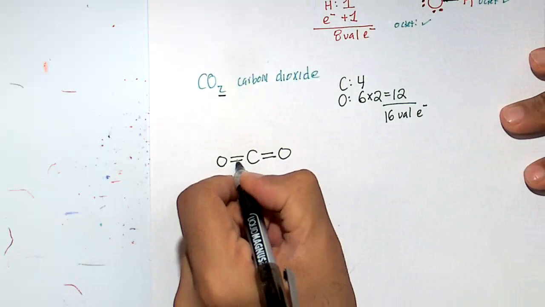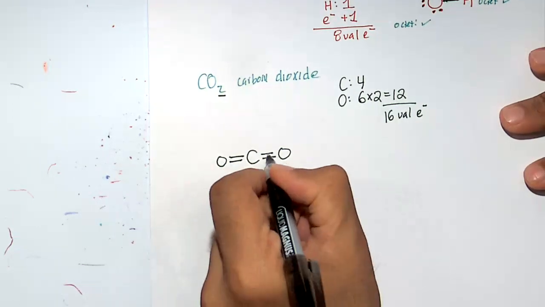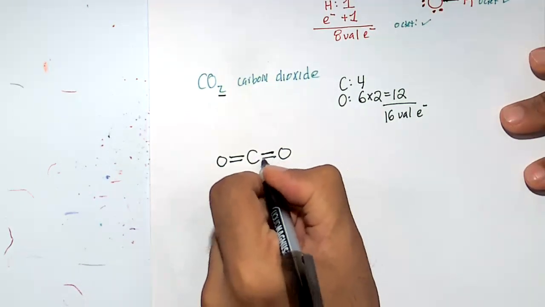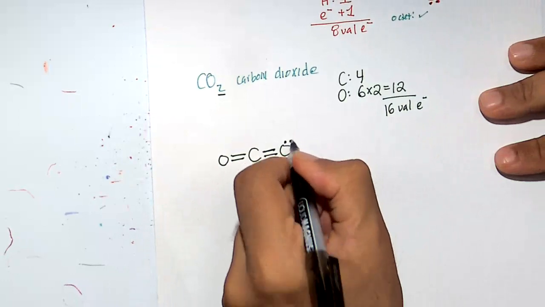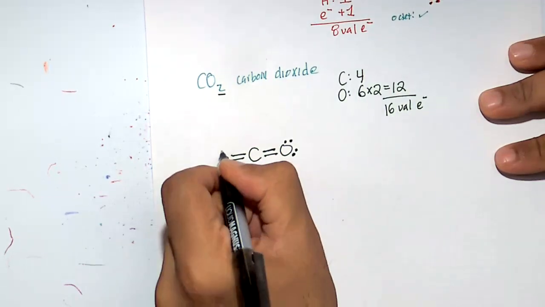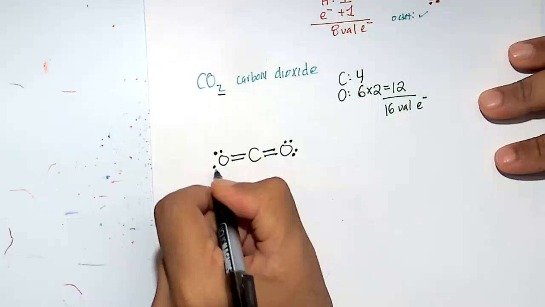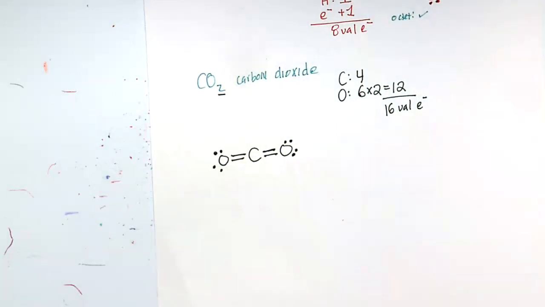All right, ready? 1, 2, 3, 4, 5, 6, 7, 8, 9, 10, 11, 12, 13, 14, 15, 16. And that's how I get my 16 valence electrons around CO2.